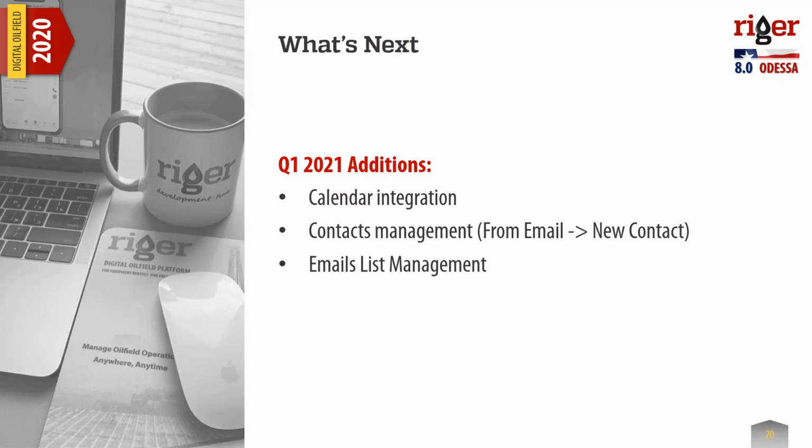So now you can build your lists and working groups also to send some kind of highlights about your company operations to the whole list of your clients or vendors or whoever it may be. So email list management will be added to the next version of the RigER email client.